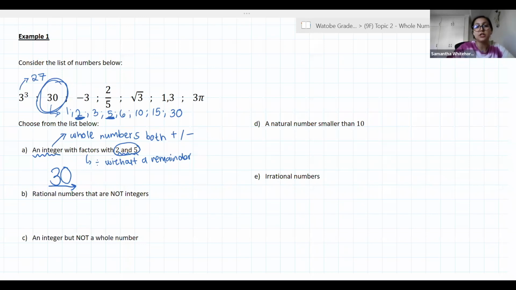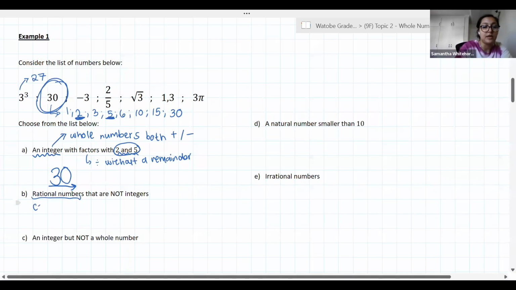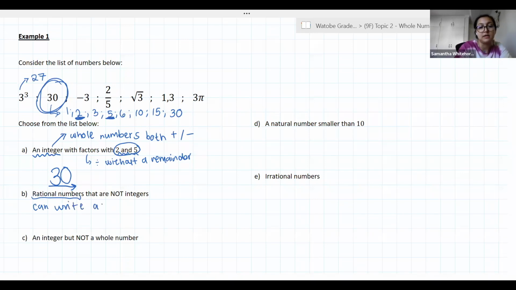So remember, guys, rational numbers are basically numbers that we can write as fractions. So essentially what we want to do here is find the ones that we can write as fractions, but are not integers. So aren't those numbers from positive to negative infinity.